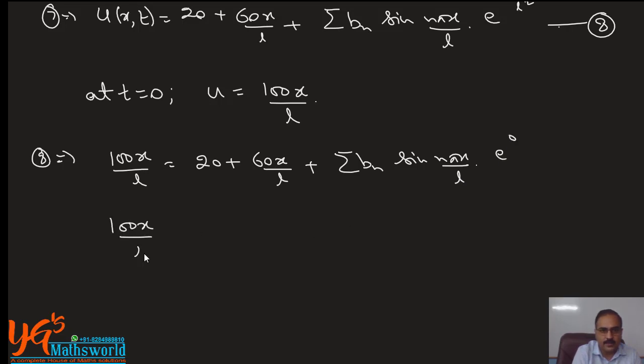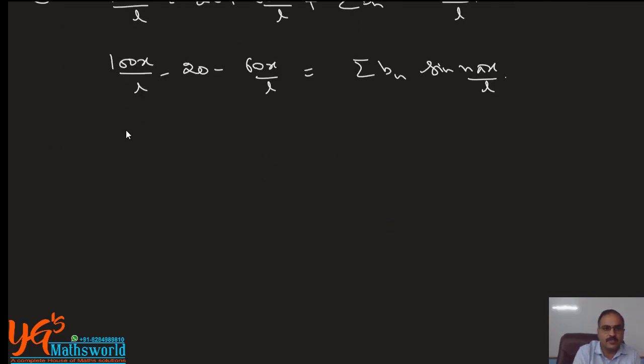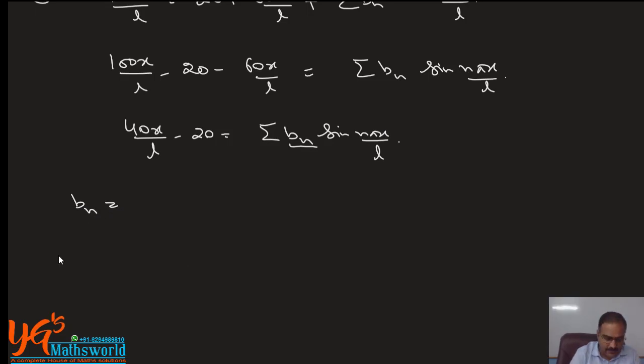So 100x by L minus 20 minus 60x by L is equal to summation Bn sin of n pi x by L. So 100 minus 60, that is 40x by L minus 20, is equal to summation Bn sine of n pi x by L. Now the value of Bn can be evaluated by using Euler's formula of Fourier series.